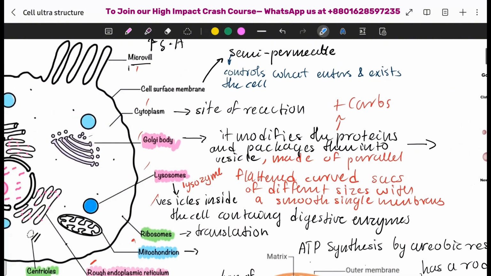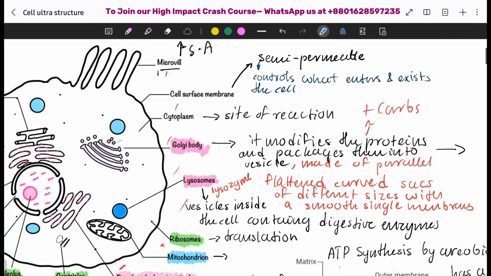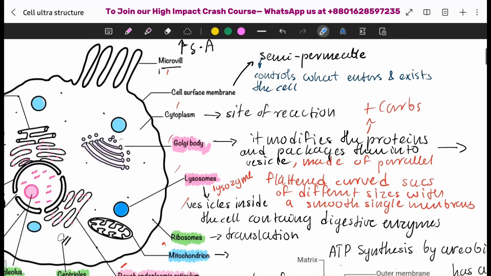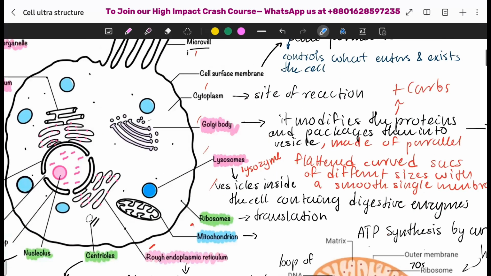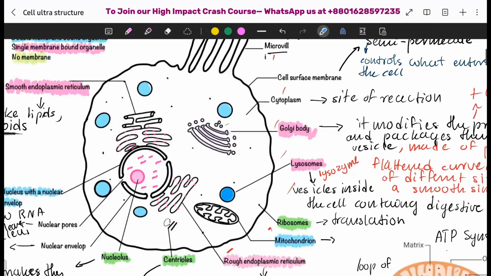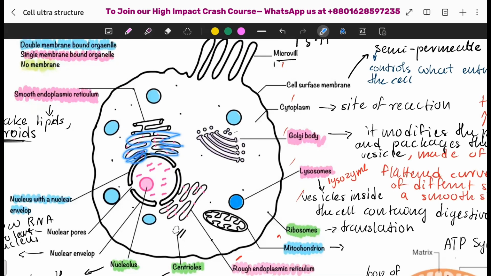So for endoplasmic reticulum and Golgi body, one of the very big differences is that in the endoplasmic reticulum, you're going to see the sacs connected. And for the Golgi body, you can see they're different individual sacs. That's the difference between Golgi body and endoplasmic reticulum.